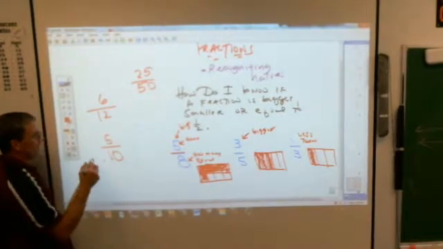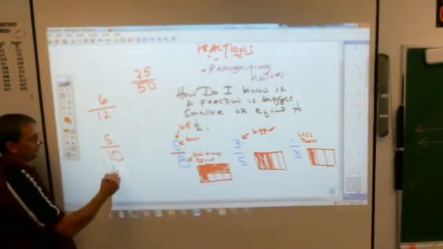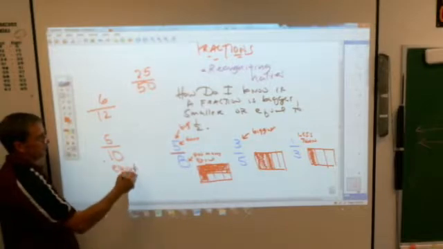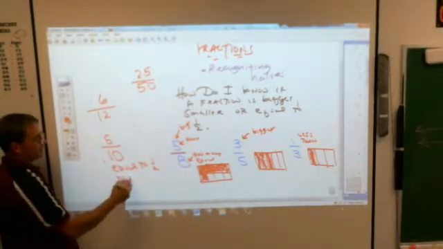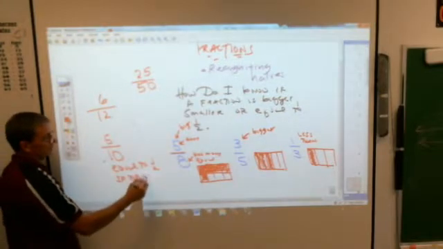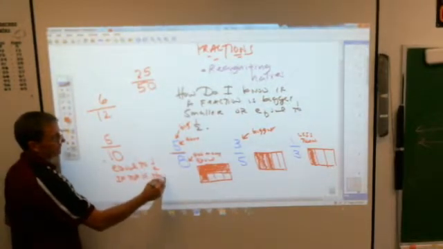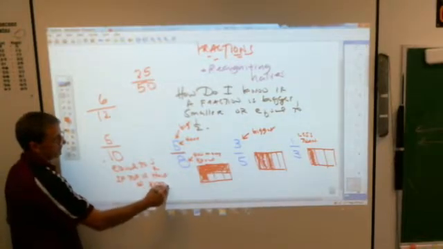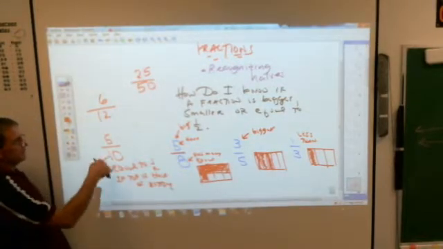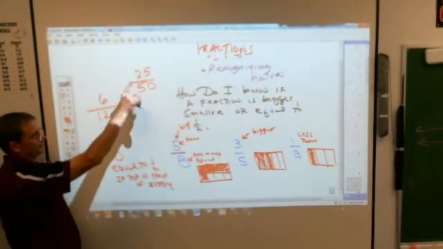Yeah. A fraction is equal to half if, write this down, if the top number, which we call the numerator, is half of the bottom. In each one of these, I take half of 10, half of 12, half of 50.